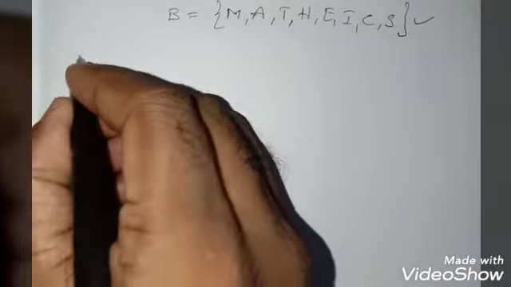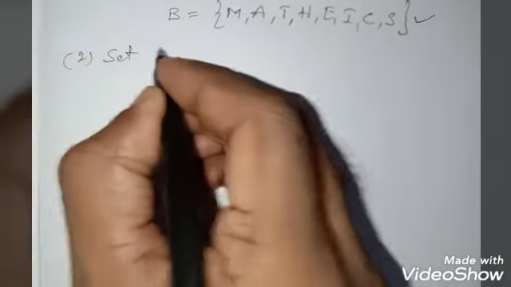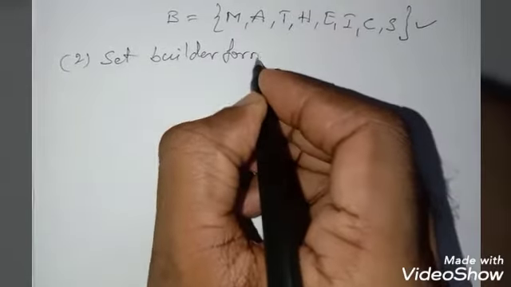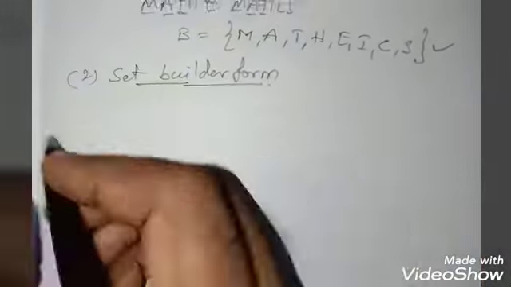Next, the second one is set builder form. Now what is set builder form?